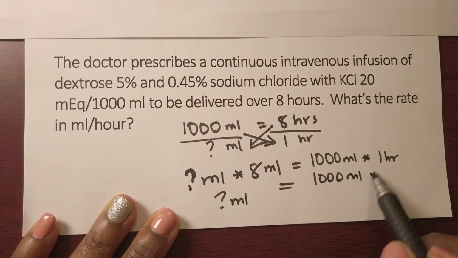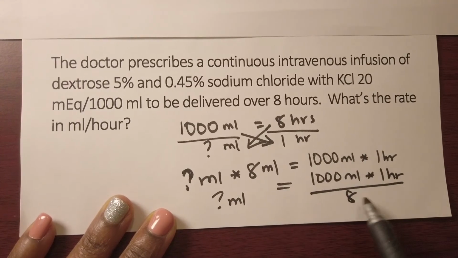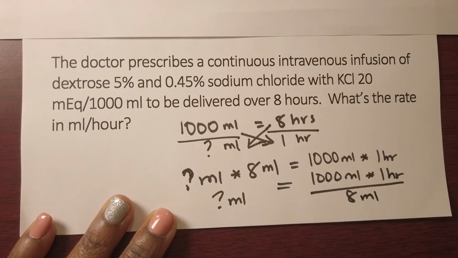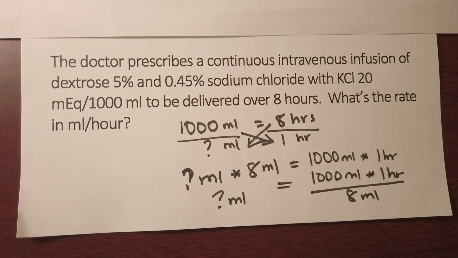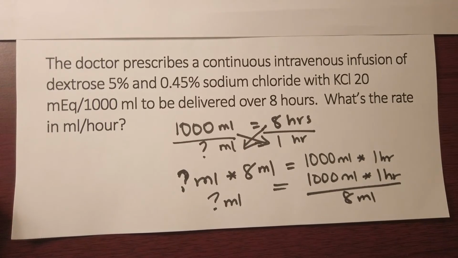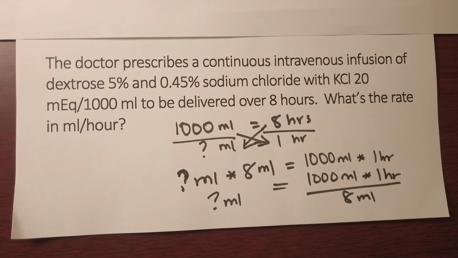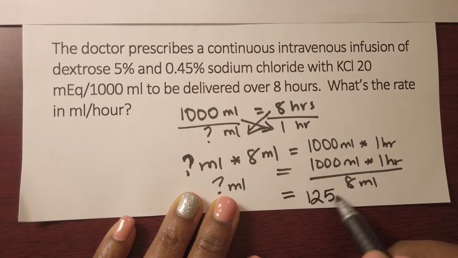So we're going to divide this, carry this to the other side and divide. You can use your calculator. I have 1,000 divided by 8. We have 125 mLs per hour.